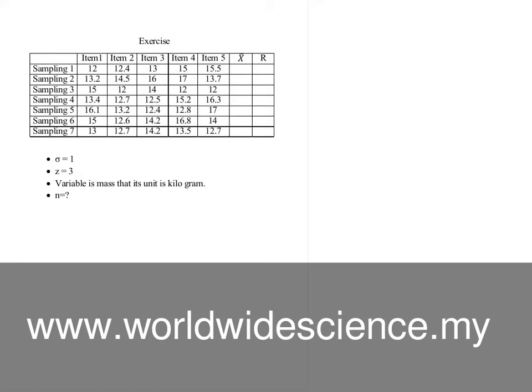And you remember I introduced you two tools or two diagrams, the X bar diagrams and also R diagrams. Both of them were utilized by operation managers to check the process of production.